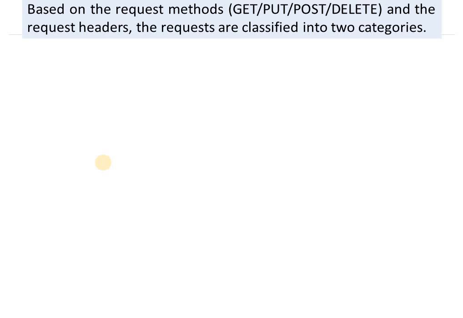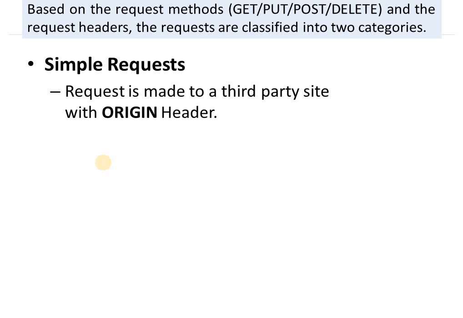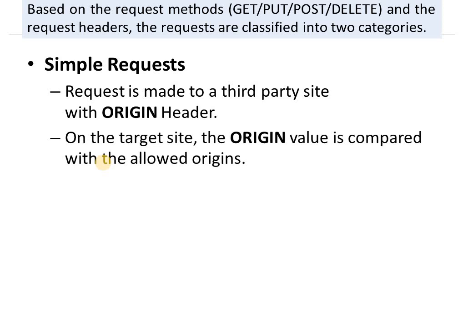Now, based on the request method, which can be GET, PUT, POST, DELETE, and the request header, the requests are classified into two categories. The first one requires the third-party site to send an Origin header. On the target site, the origin value is compared with the allowed origin.